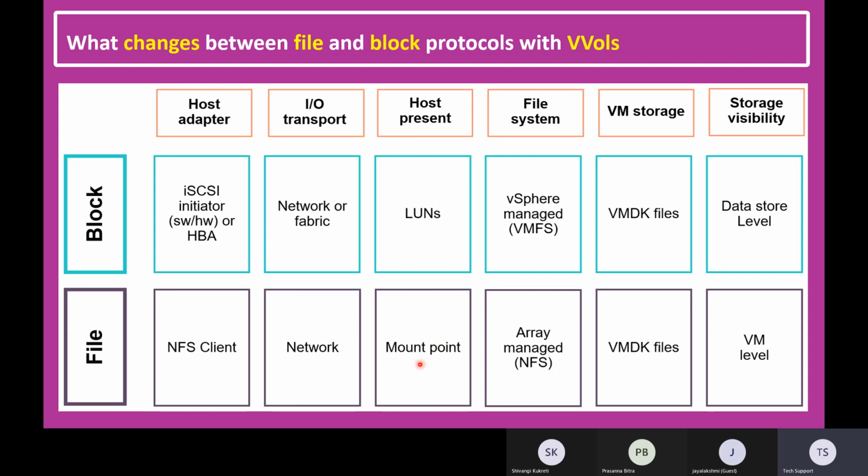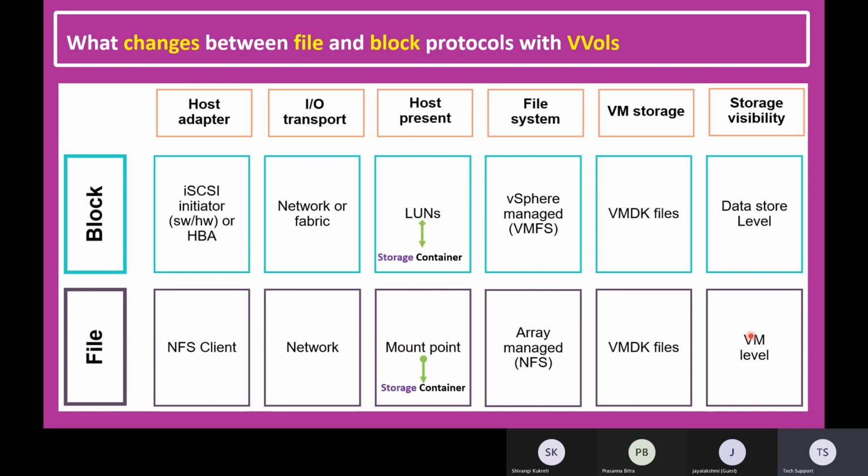In NFS, we call it a mount point. The file system is VMFS. Here in NFS, storage is VMDK files. And for storage visibility, we can see only at the data store level, but we cannot see the LUN information from the vSphere level. Even in NFS storage, we can see only the VM level. Now let's observe what changes when we go for virtual volumes.